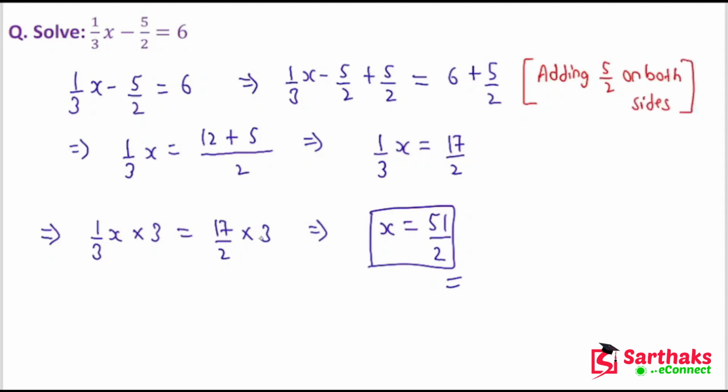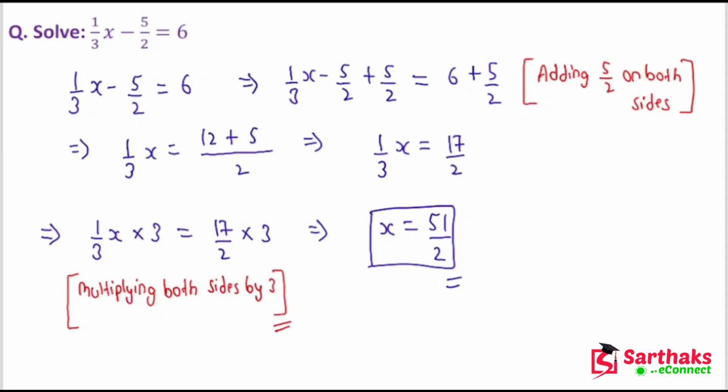Similarly, here you have multiplied by 3, so you can write here multiplying both sides by 3. So this is how you can solve a question which has a variable on one side of the equality and a number on the other side.